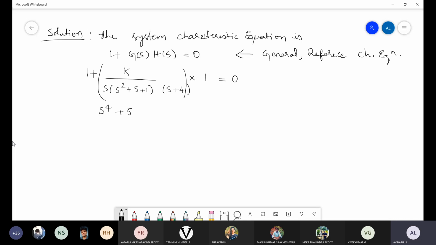On solving, we get s to the power of 4 plus 5s cube plus 5s square plus 4s plus K equal to 0. This is just simple mathematics; you can solve it within 1 or 2 minutes. Did anyone of you get this answer? Can you verify?